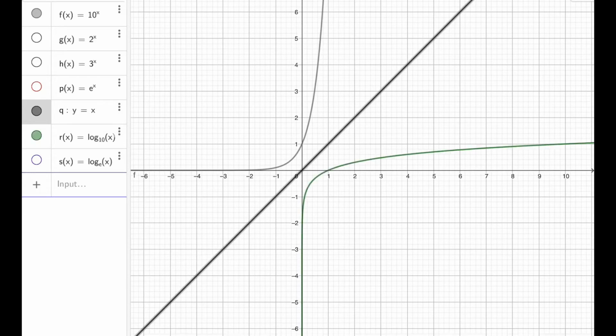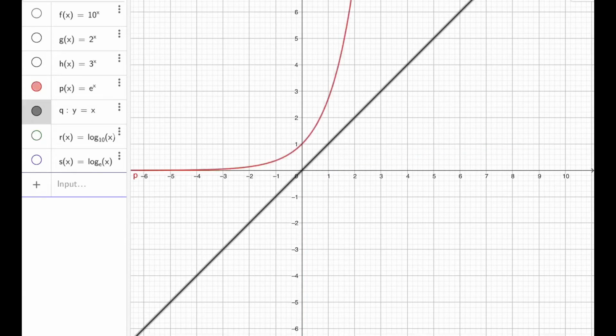So this is the inverse of 10 raised to the power x, the graph which you are seeing in green color. You can easily see that the gray color graph and the green color graph are just mirror images of each other about the line y is equal to x.